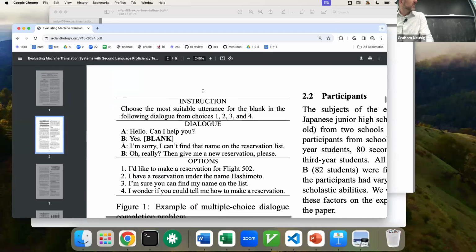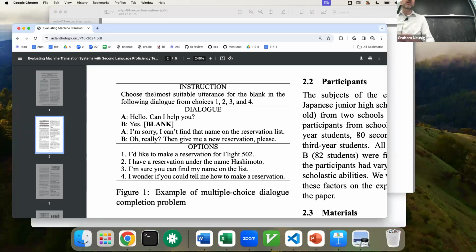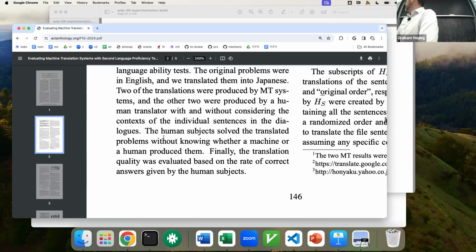And basically what they did is they had these English proficiency tests for, I think it was like middle schoolers or high schoolers or something like this. And then they used machine translation systems to translate them into Japanese, and then they asked Japanese students to solve them in Japanese.